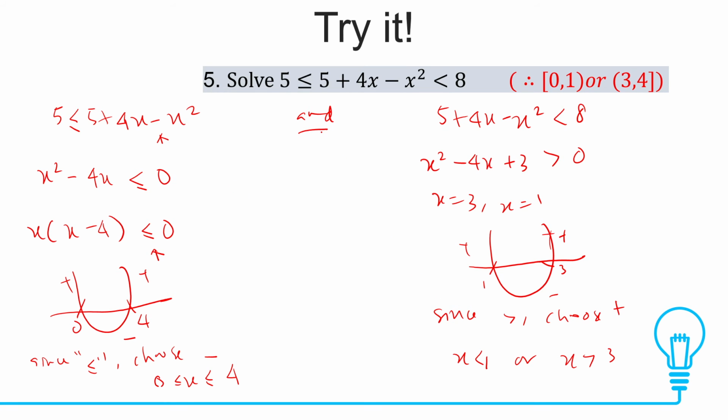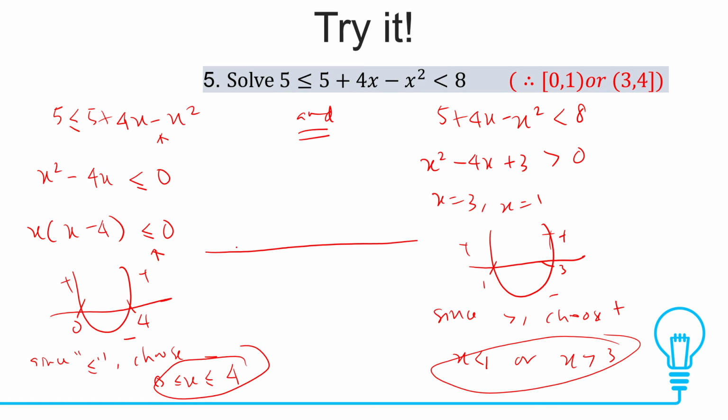Because the indicator here is "and", we need to combine these two answers together. So I have 4 different values: 0, 1, 3, and 4. The left hand side answer is 0 inclusive to 4, and the right hand side is less than 1, greater than 3.